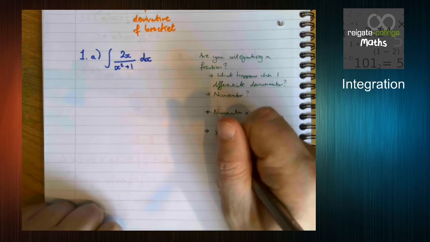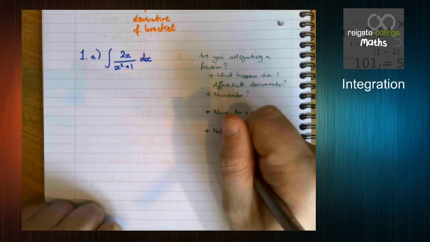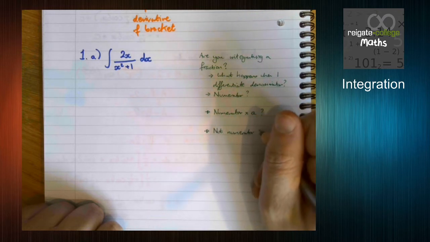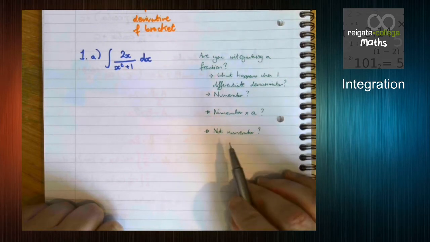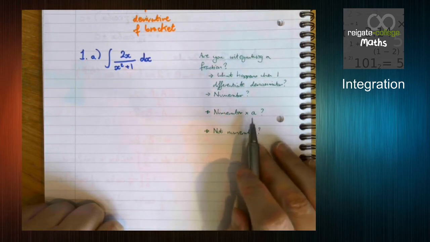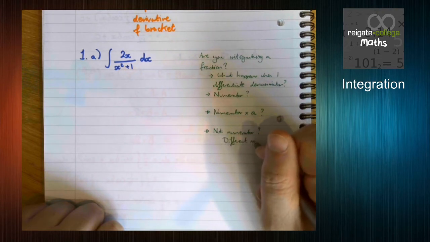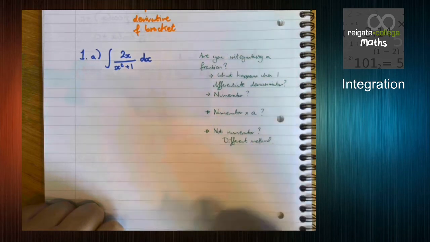If we don't get numerator, or a product of the numerator with just a number, then we have to use a different method, which we'll look at later.